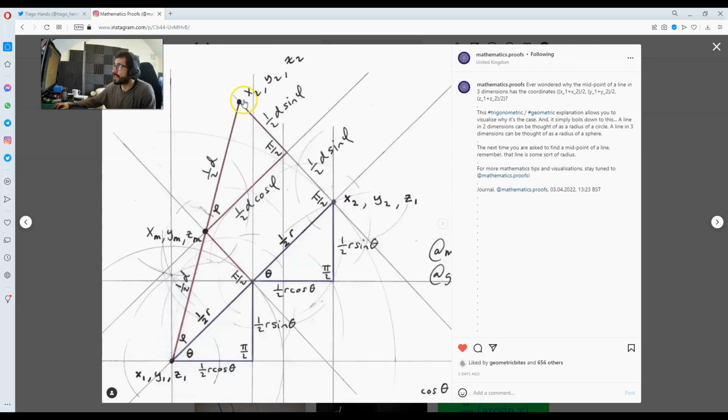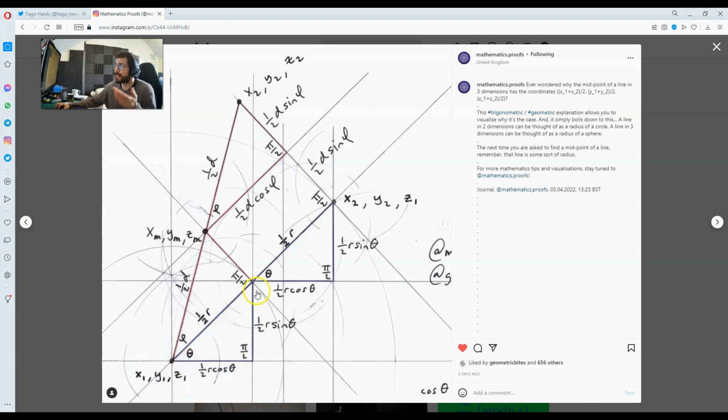Now, to find the midpoint of this line in 3 dimensions, we first need to find the midpoint of this line over here in 2 dimensions. Now, the x-coordinate of the midpoint of this line in 2 dimensions is going to be x1 plus half times r cos theta, because we're getting the half of this adjacent side over here.